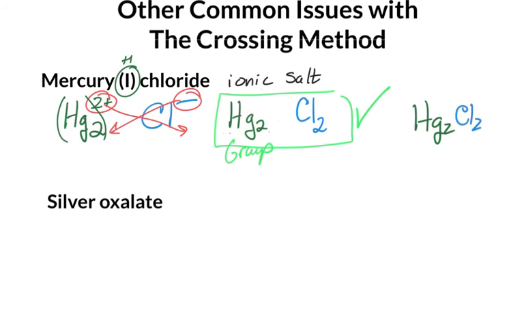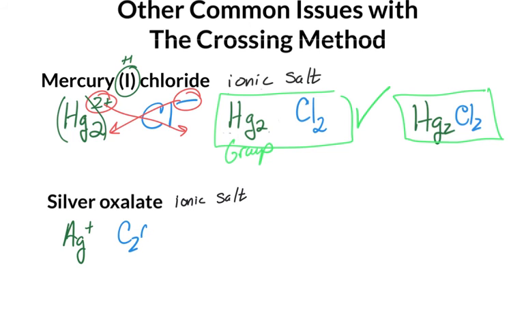And you'll see a similar problem with silver oxalate. So let's try that. Silver, we know, has a +1 charge. Remember, this is one of the ones that has only one possible charge. So silver has a +1. And oxalate is C2O4, and that's going to go inside of parentheses with a 2 negative. So let's use the crossing method to fix that up.